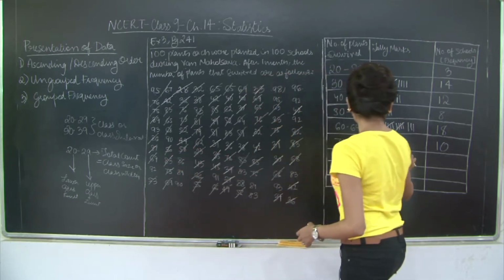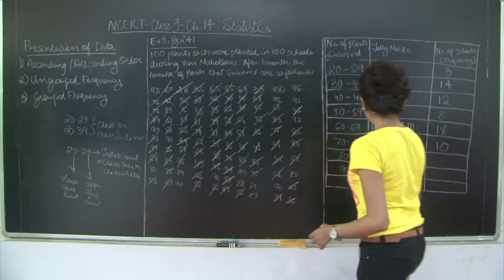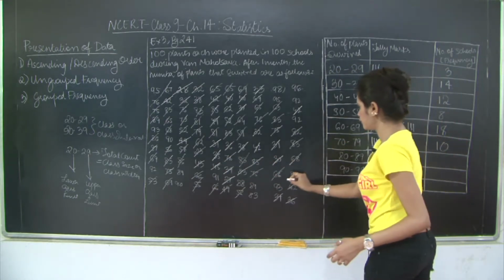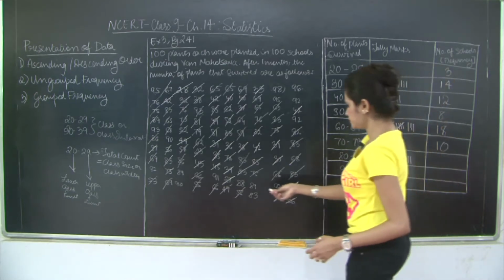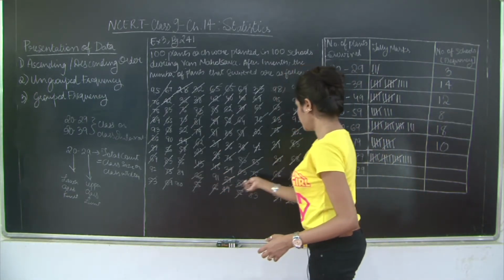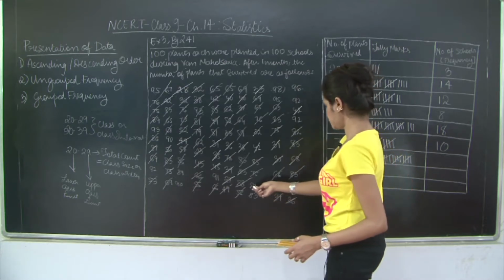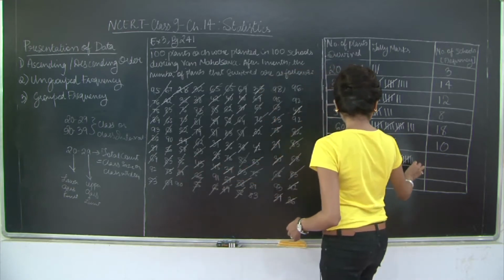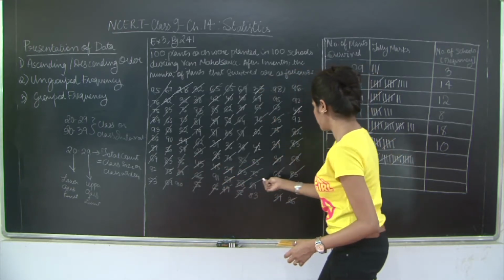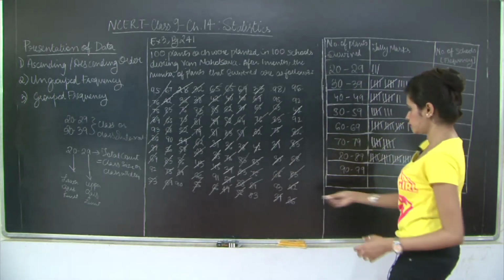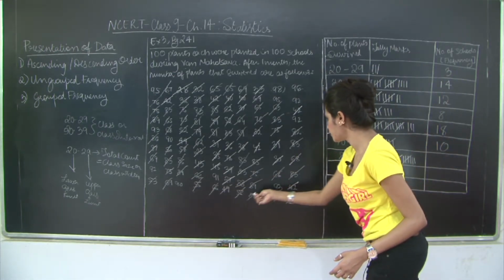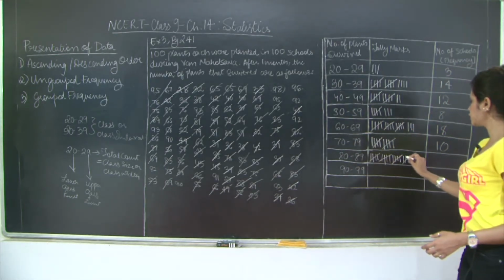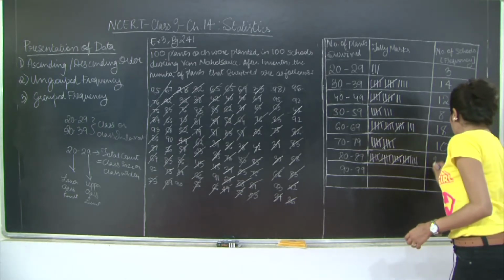So 1, 2, 3, 4, 5 and 1, 2 and 3. So what's the total count here? 5, 10, 15, 20 and 3 makes it 23.